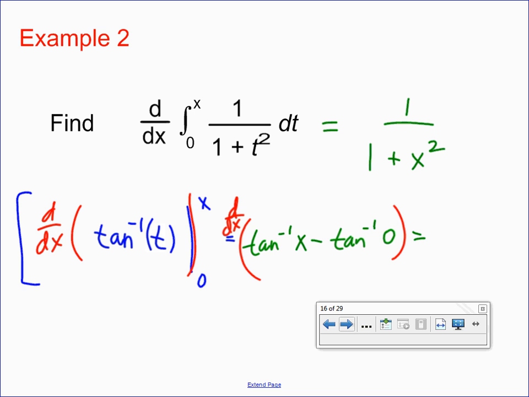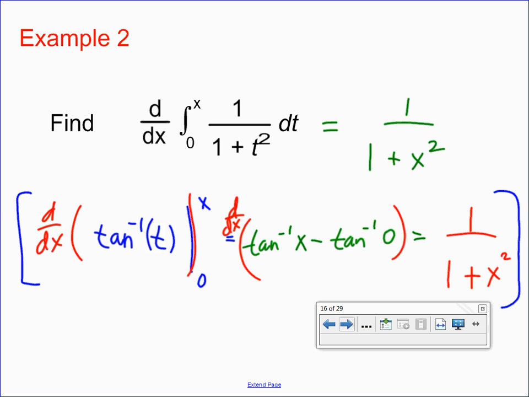Well, the derivative of inverse tangent of x is the derivative of the argument over 1 plus the argument squared. So that would be 1 over 1 plus x squared. Is that a surprise? No, that's not a surprise because we already saw that it would simply be my integrand function.